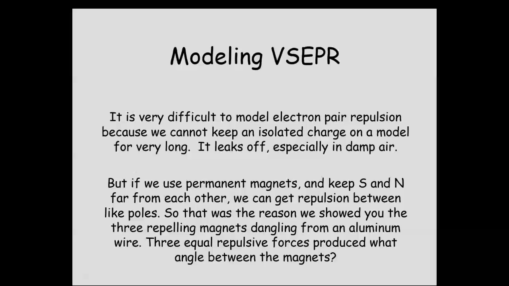So we showed you 3 repelling magnets dangling from this pivot, this aluminum pivot, and the 3 equal repulsive forces produced what angle between the magnets. Talk to each other about that, or even turn off the video and I'll give you the answer in a second.